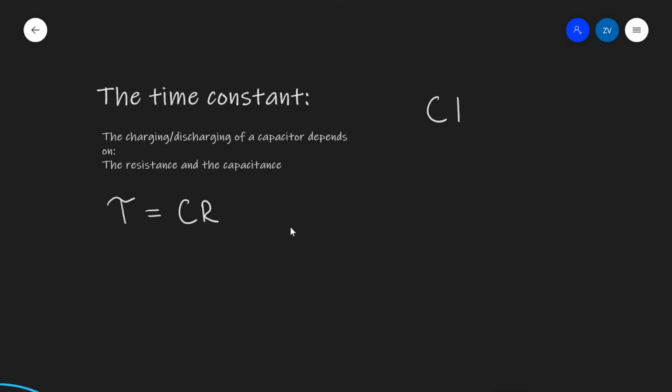So C times R is going to equal, now because Q is equal to CV, this means that capacitance is Q over V. So I'm going to put that in there. This will be Q over V times resistance, which is just V over I, like so.